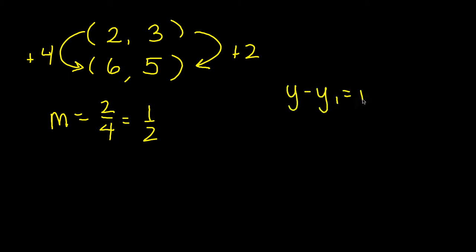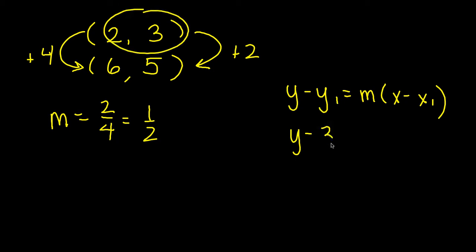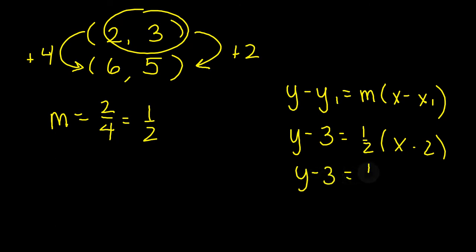Y minus y1 equals m times x minus x1. And that's going to give us y minus 3 equals half times x minus 2, and that's going to give us y minus 3 equals half x minus 1.